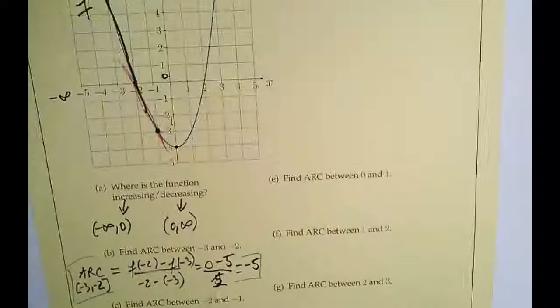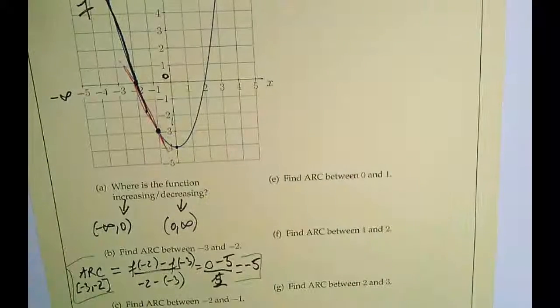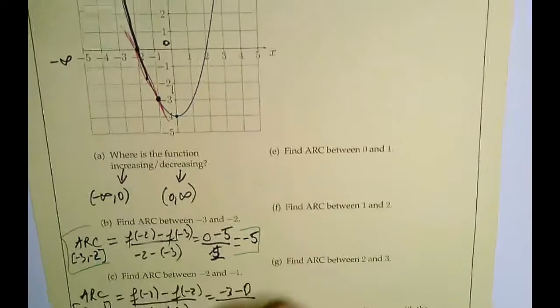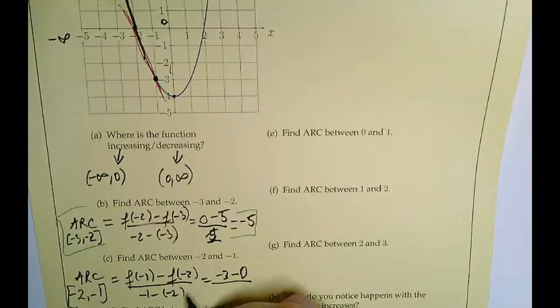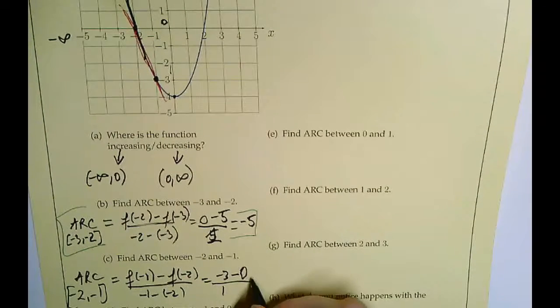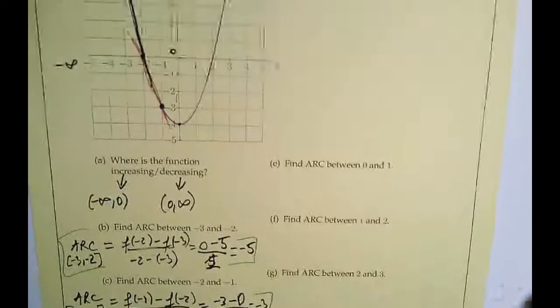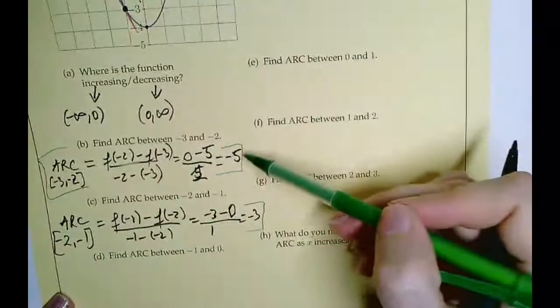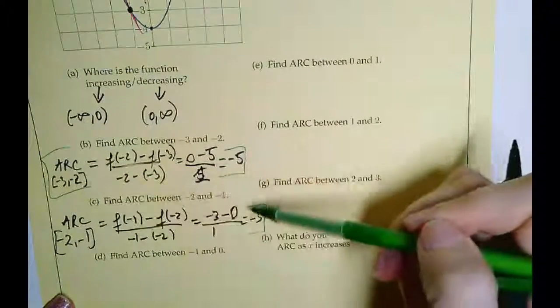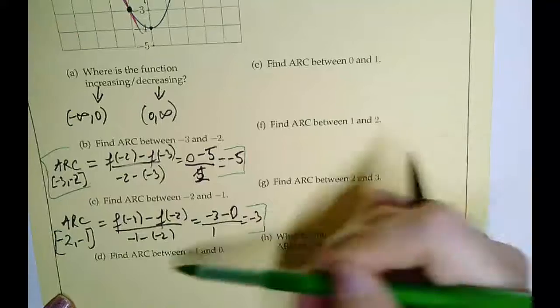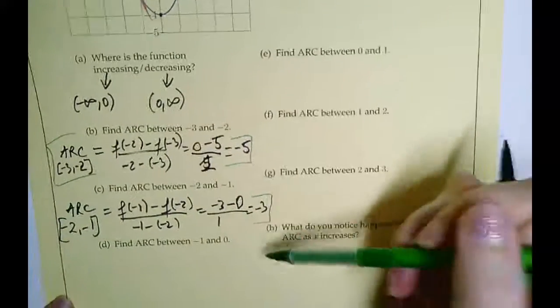So f of negative 1 is negative 3, minus f of negative 2, which was 0, over negative 1 plus 2, which is 1. So it's negative 3. You see, the average rate of change is not the same. It's negative 5 between negative 3 and negative 2, and now it changed to negative 3.